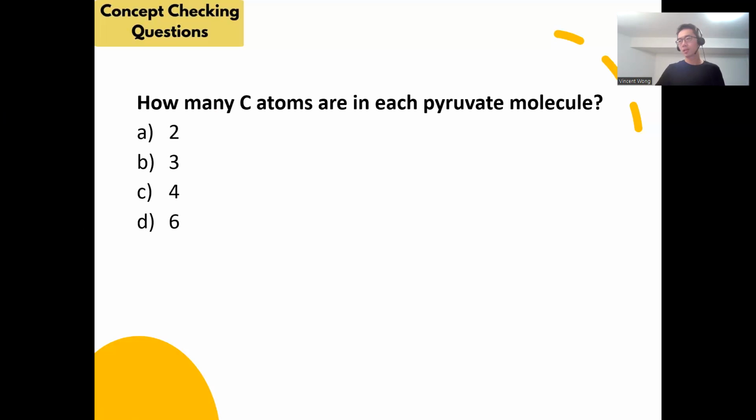Okay. This one's also easy. Let's go. How many carbon atoms are in each pyruvate molecule? If you have been paying attention, you should know this. What is it?